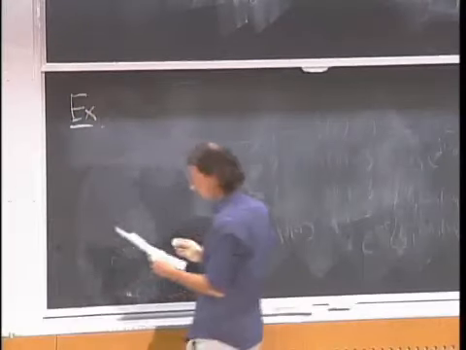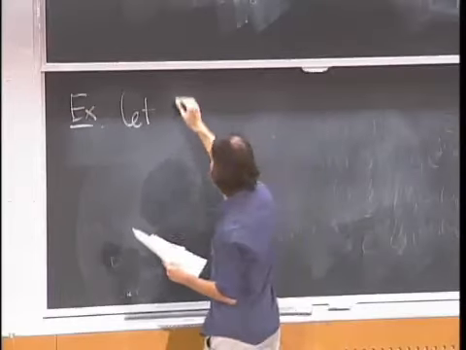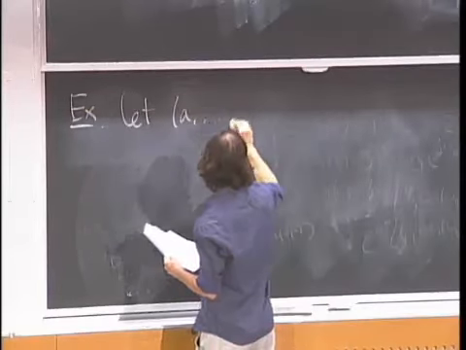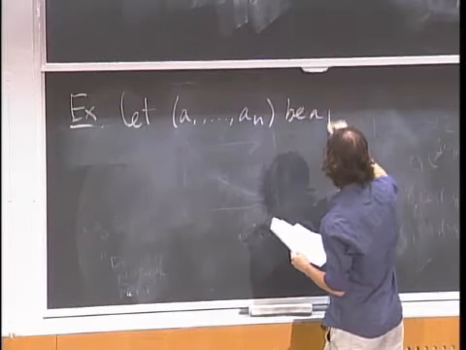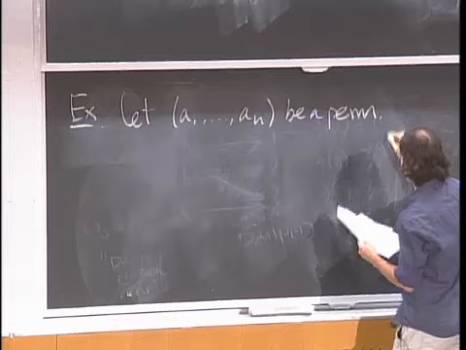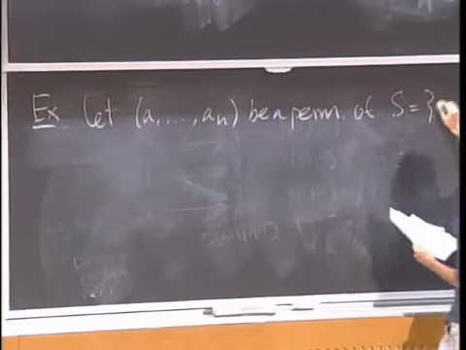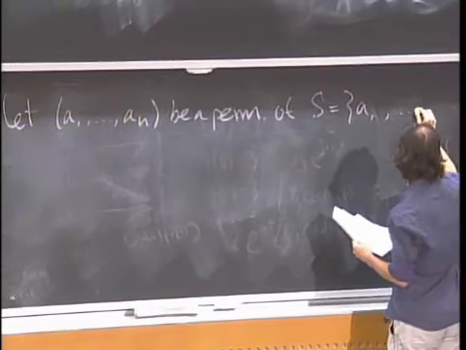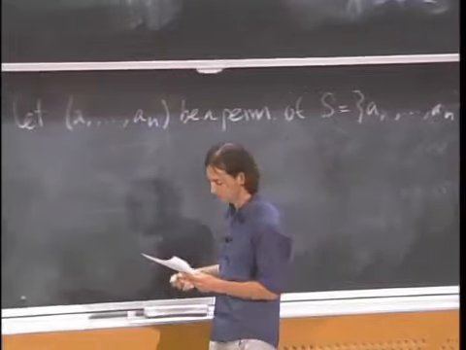So for example, let A1 up to AN be a permutation of the set S that contains all the elements A1 up to AN. So this is just one example of a permutation.